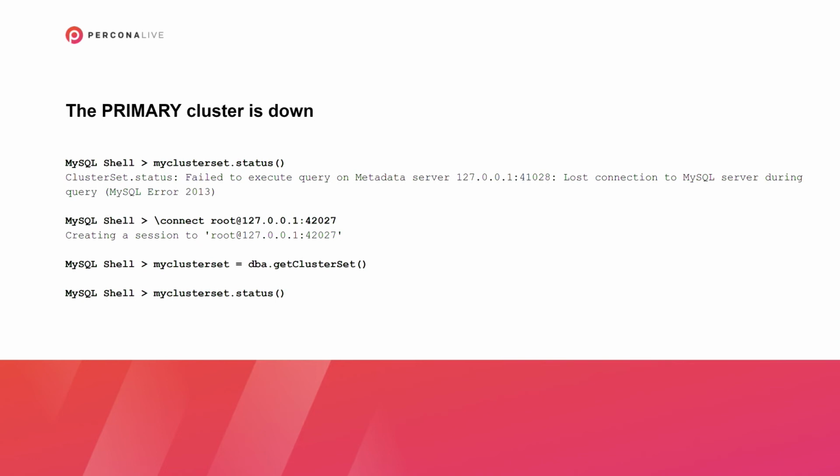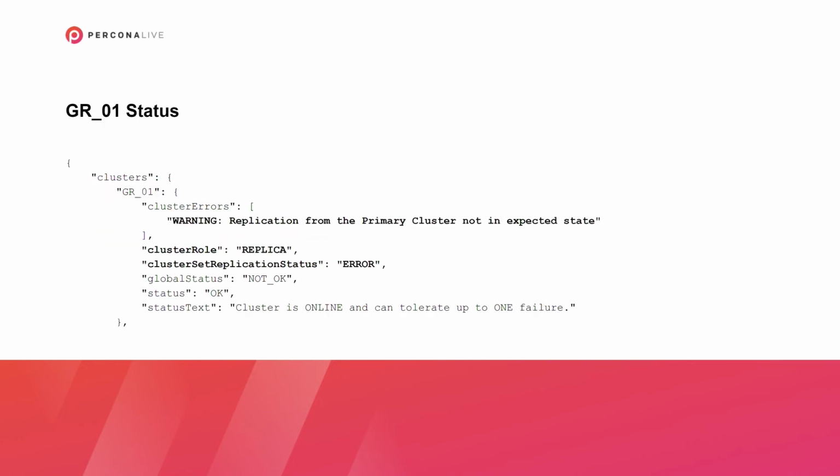You need to connect to one of the surviving clusters, and reset the variable. So we were using this variable myClusterSet for all the operations. You need to reset it to use the surviving node for all the commands.